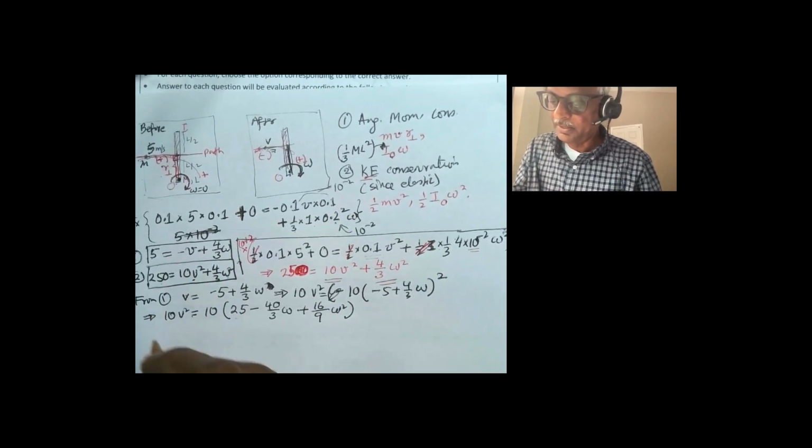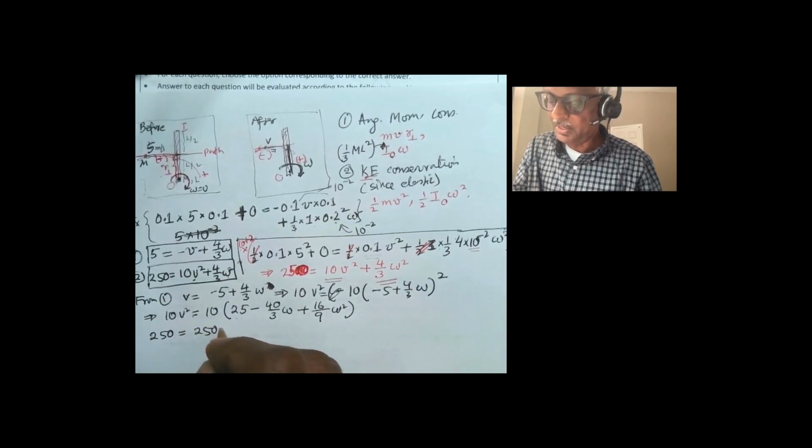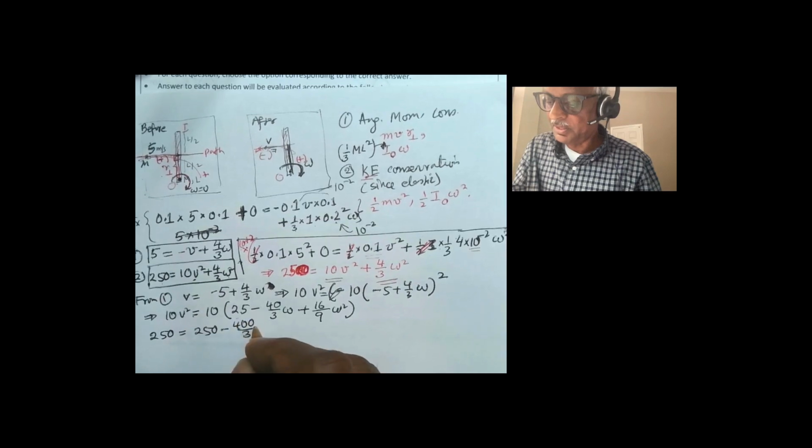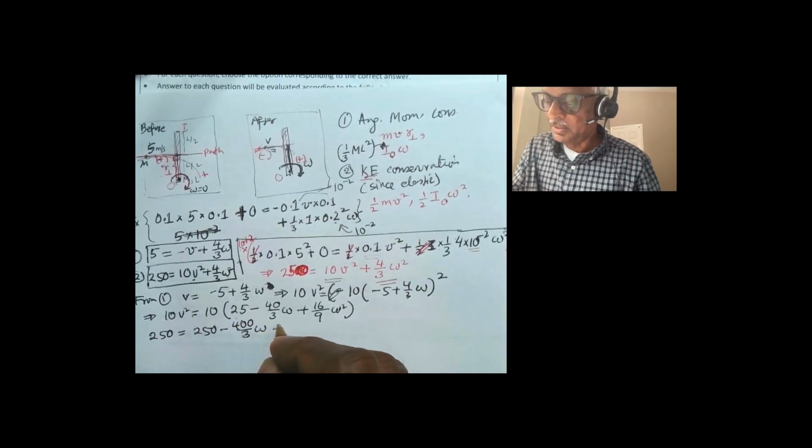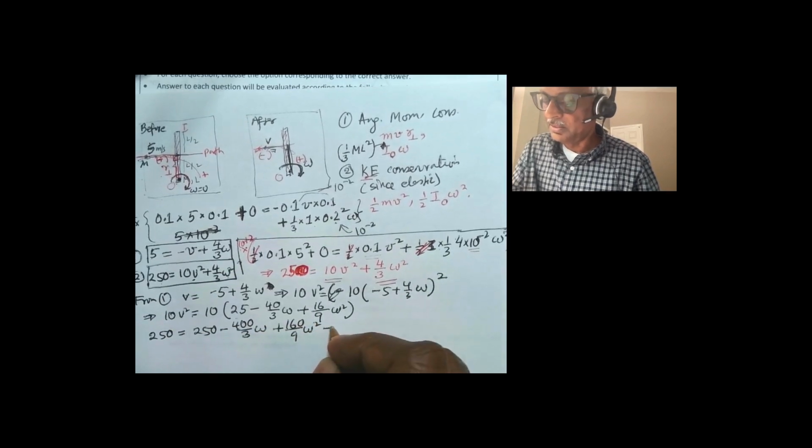So you have 250 equals 250 minus 400 over 3 omega plus 160 over 9 omega square plus 4/3 omega square.